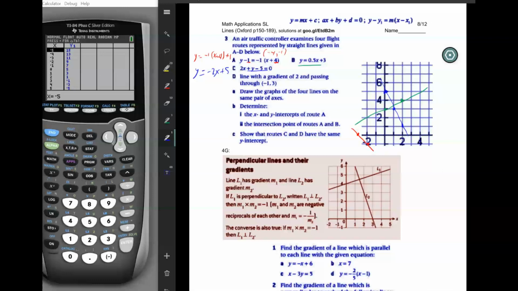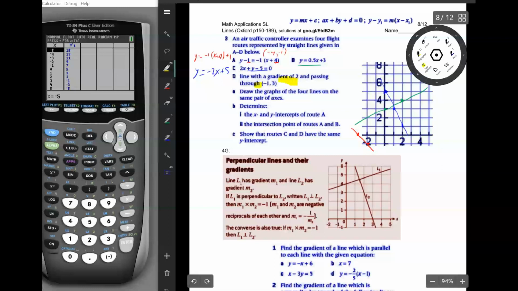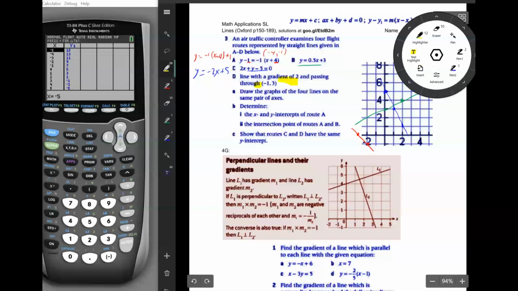Oh wait, one last one. Line D is a line with gradient of 2 passing through -1, 3. So let's do that with the highlighter. Gradient 2 and passing through -1, 3. I'm going to just use a narrower highlighter size.